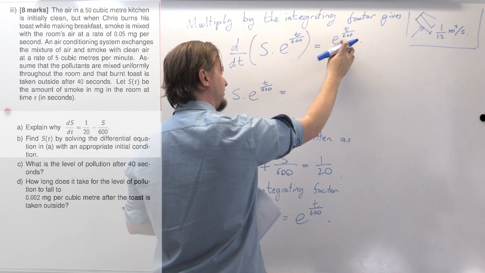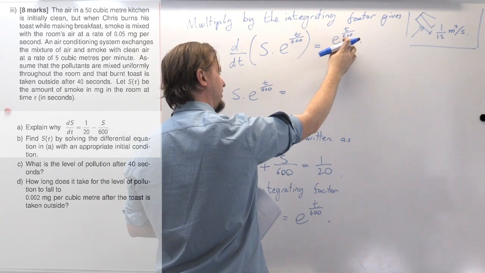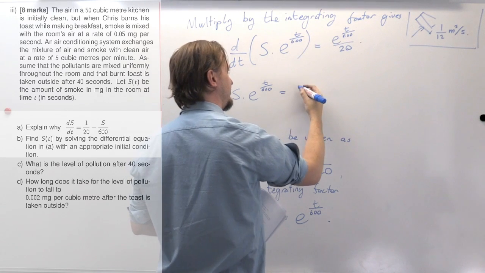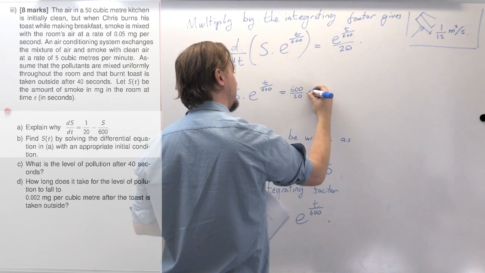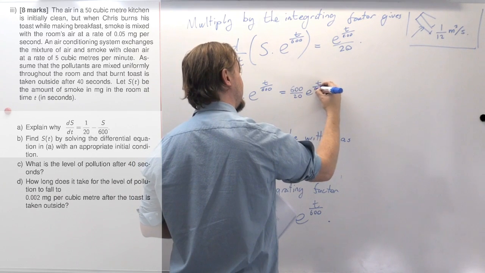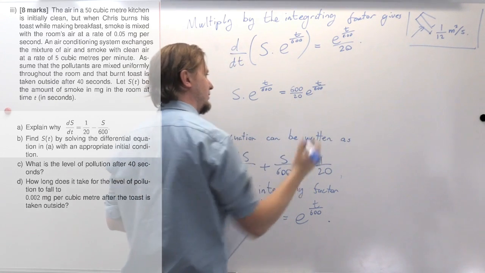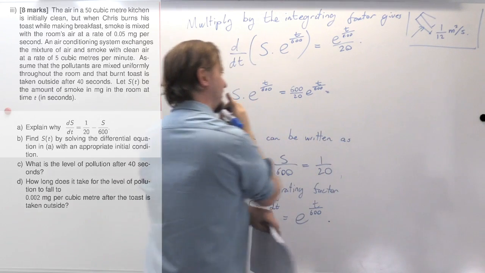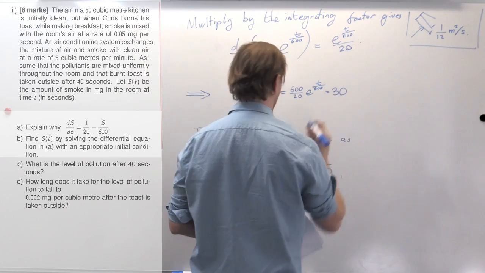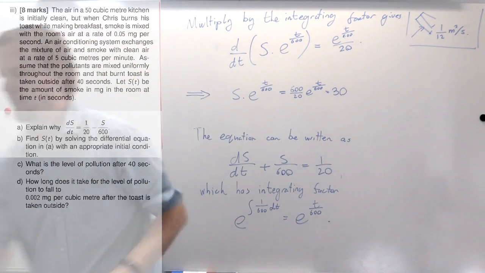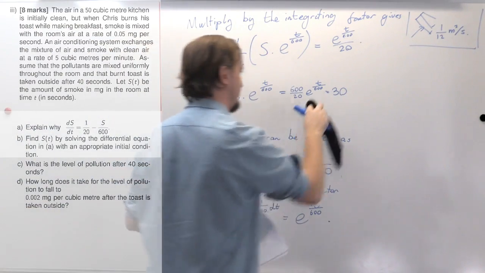So if I integrate, I'm going to get a 600 coming out on top. So I'm going to get 600 over 20 e to the t over 600. And 600 over 20, well, that's 60 over 2, which is 30. So I'm getting a 30, ooh, not quite right. I'm going very, very bad.